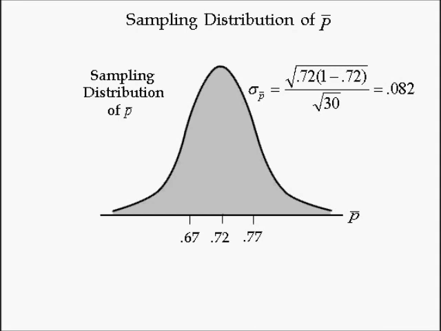We want to know the probability of being between 0.67 and 0.77.